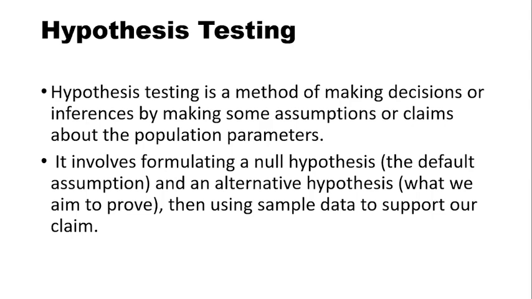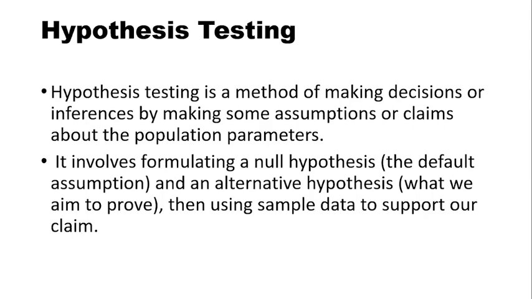That is our null hypothesis. That is the default assumption. Now, the alternative hypothesis is saying that no, the average earning of a Nigerian household is not 100,000. It's not equal to 100,000. That would be the alternative hypothesis.